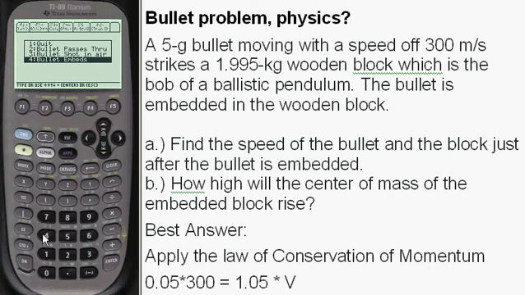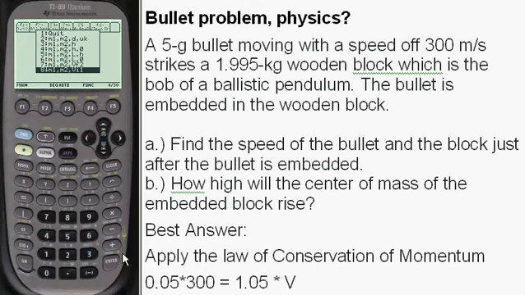Number 4. And what did they give us? They give us mass 1, mass 2, and then the initial velocity. Well, that happens to be number 8 here. Mass 1, mass 2, and initial velocity of the bullet. So we could press number 8 on the keypad, or we could scroll down. Either one will work.